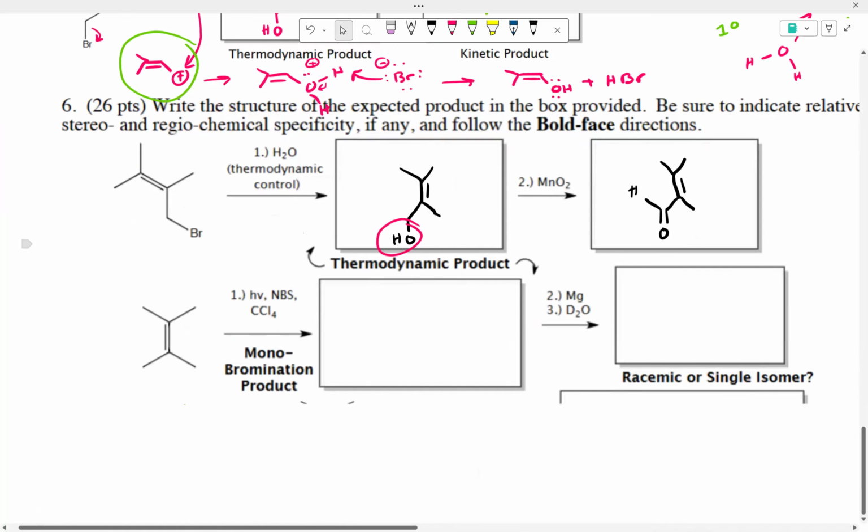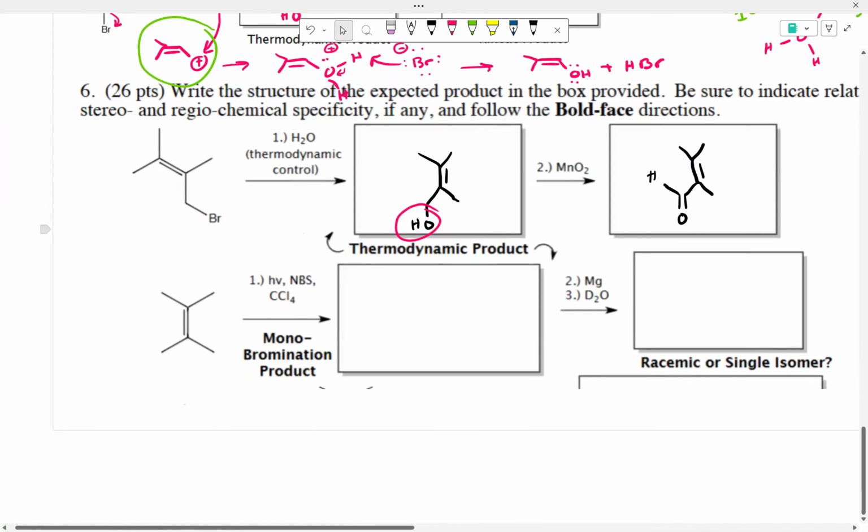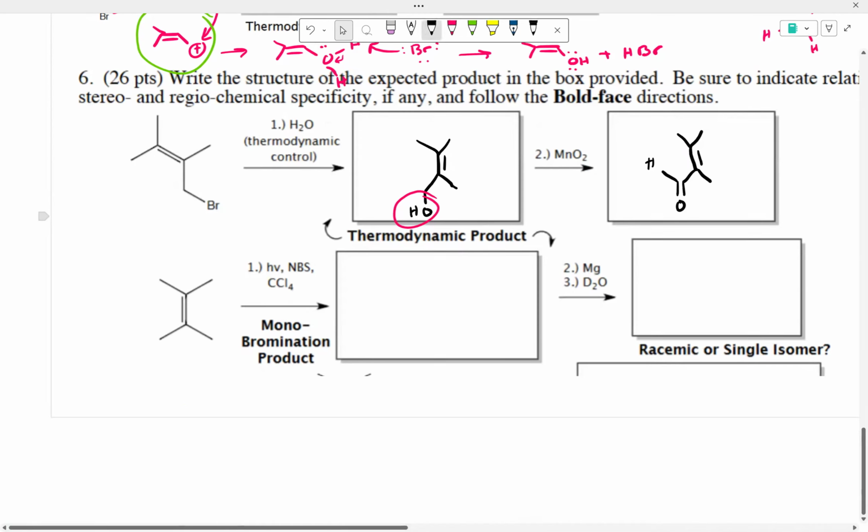And oh, we know this one as well. We want the thermodynamic product, so it's just going to be this: the most substituted alkene. And that gets substituted in, plus HBr.